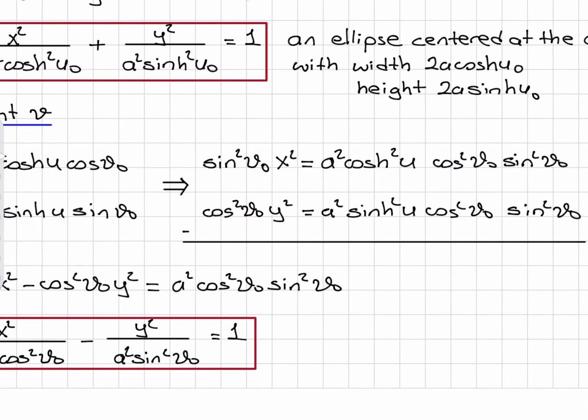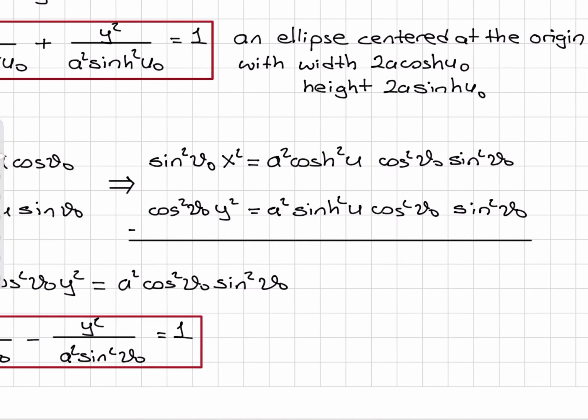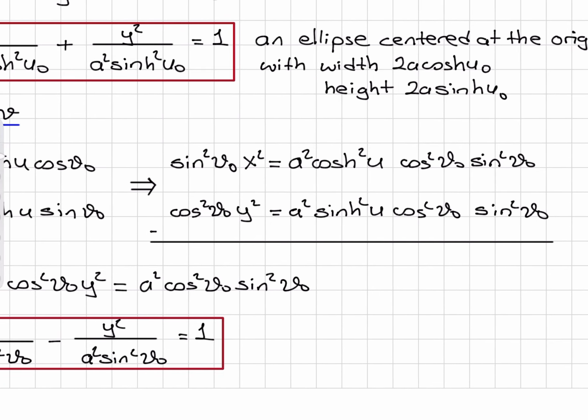So this is x minus 0 and y minus 0 in parentheses squared, which means it's centered at the origin. So this is describing a hyperbola centered at the origin.